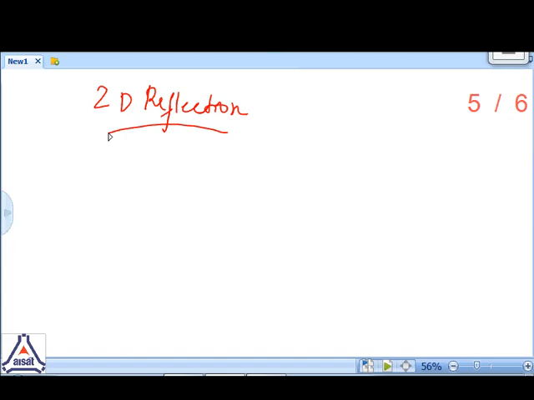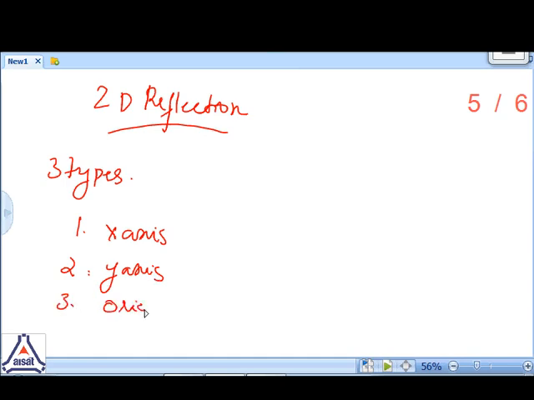And 2D reflection is of three types: reflection about x-axis, reflection about y-axis, reflection about origin, or both x, y axis.